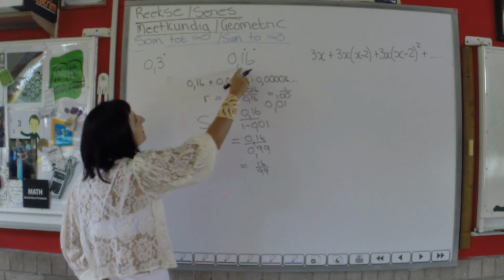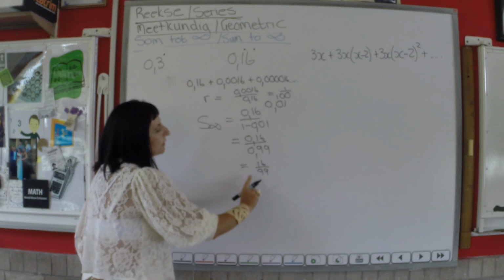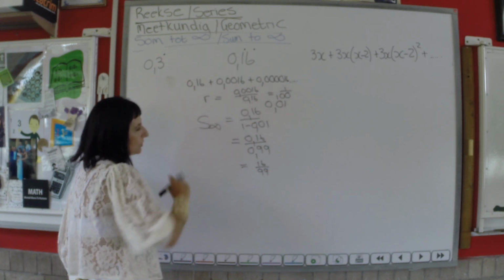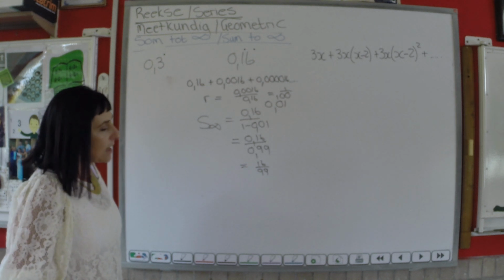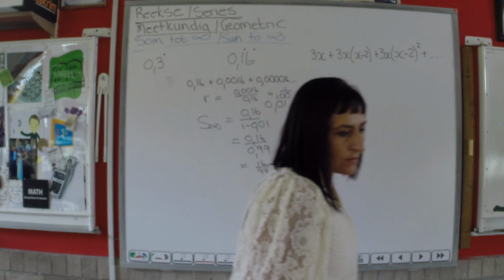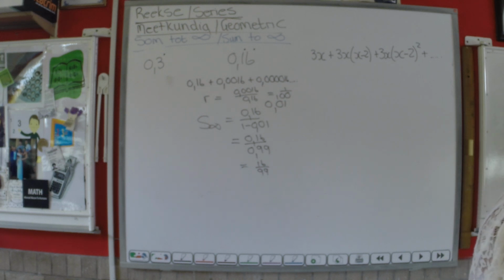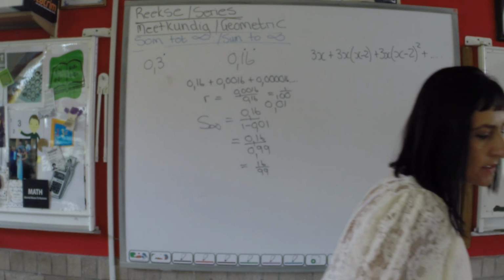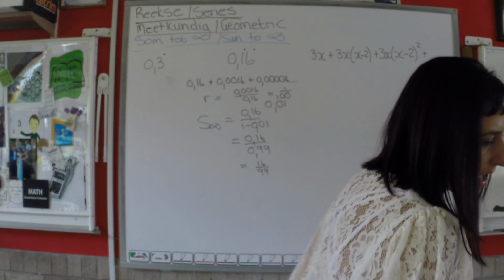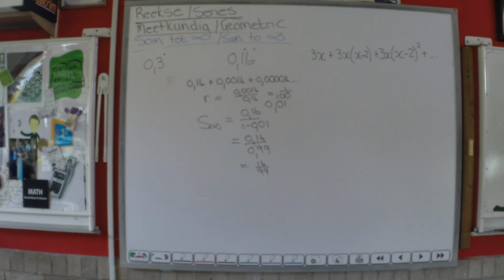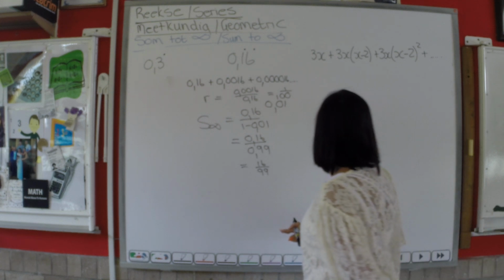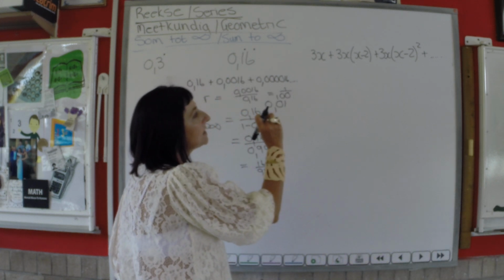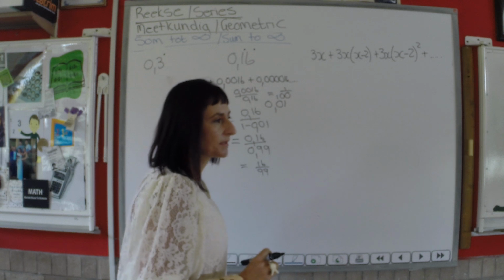So as ek hierdie repeterende breek wil omskakel in 'n gewone breek, kan ek ook die som tot oneindig gebruik. Let's look at the third example. In the third example, they say look at the series and give the values for x for which this series will converge. So hulle sê vir jou hierdie reeks konvergeer.